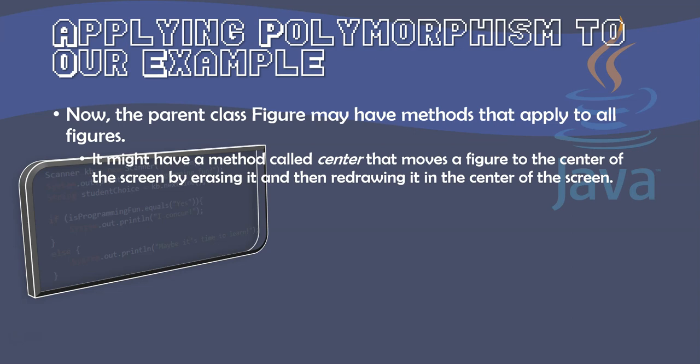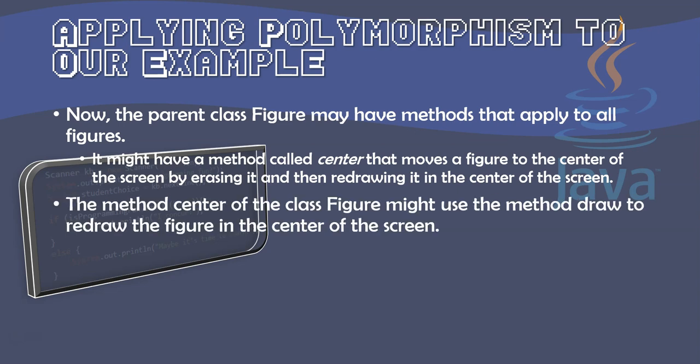The parent class Figure may have methods in it that apply to all figures. For example, let's say we have a method called center that simply moves a figure to the center of the screen, either by erasing it or redrawing it, however that is actually implemented with our code. That method could be part of the Figure class. Now, the method center might use the method draw, for example, to redraw the figure in the center of the screen.